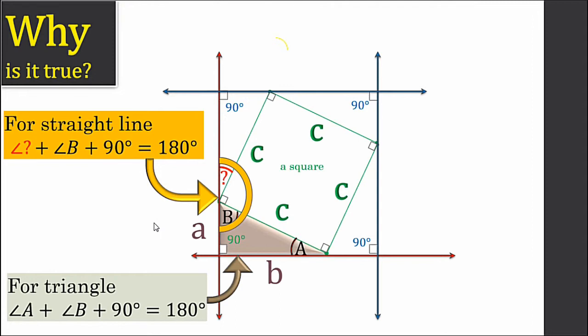The orange box shows the sum of the angles for the straight line as 180 degrees. That is, unknown angle plus angle B plus 90 degrees equals 180 degrees. Thus, by comparing the orange and olive green boxes, we can see that the unknown angle in the orange box is simply angle A. That is the only way they can add to 180 degrees.